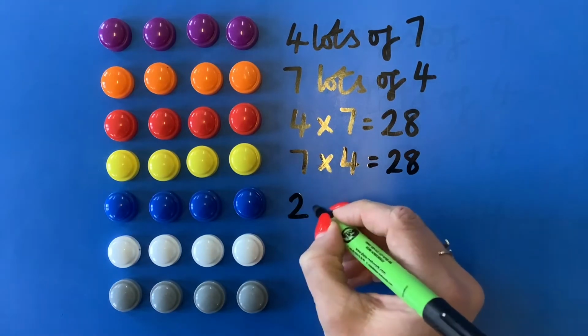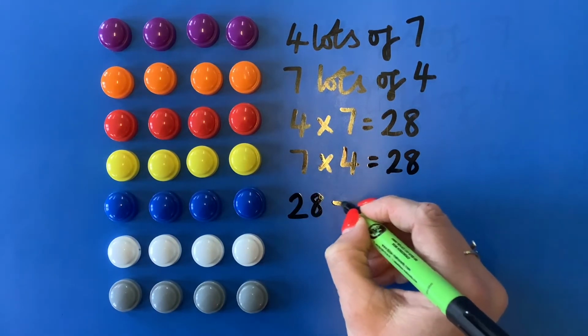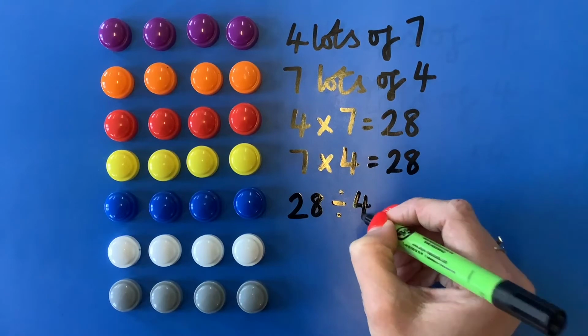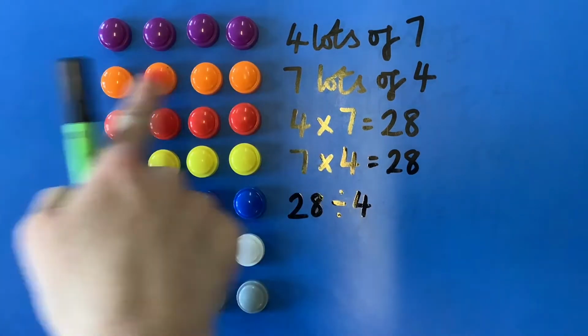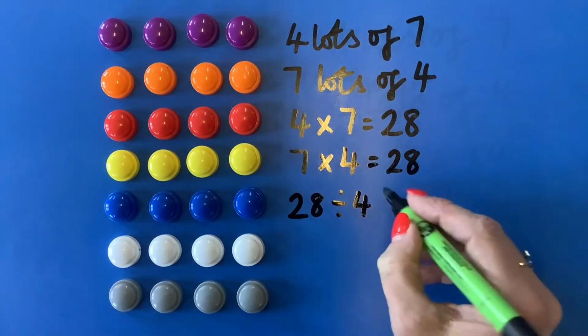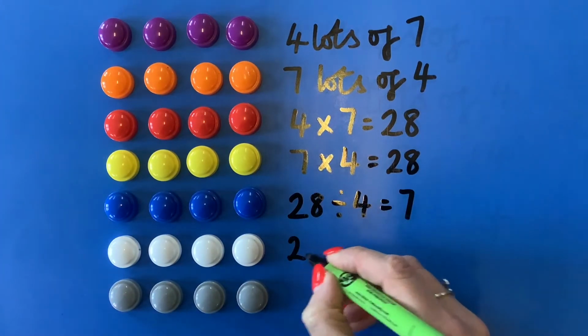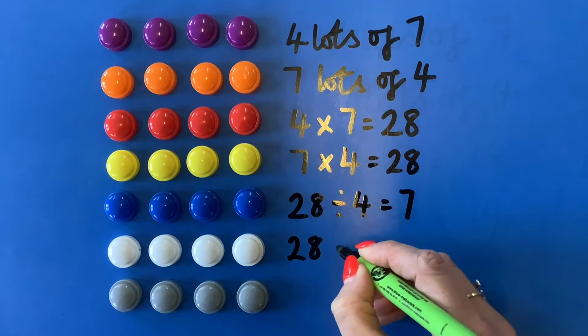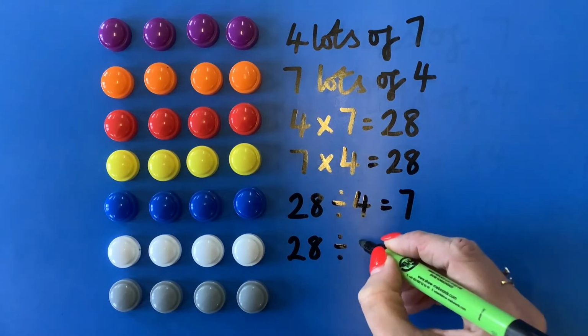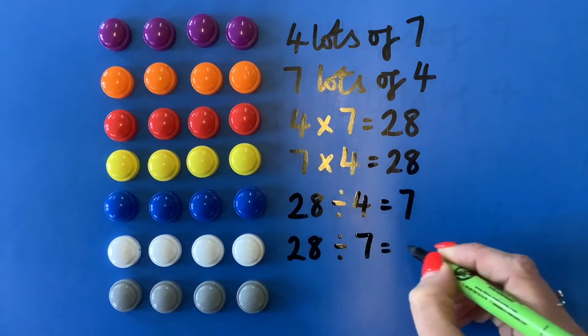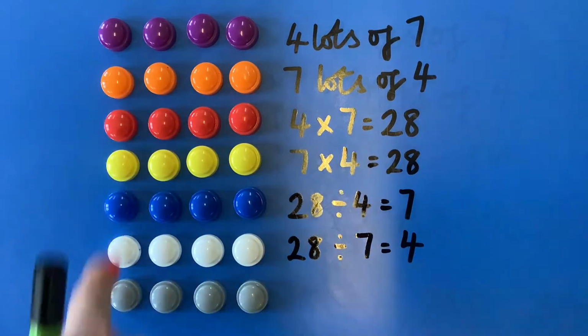So I've got in total 28. And if I shared them into 4s, so 7 rows of 4, or I could say my total of 28 shared into columns of 7 gives me 4.